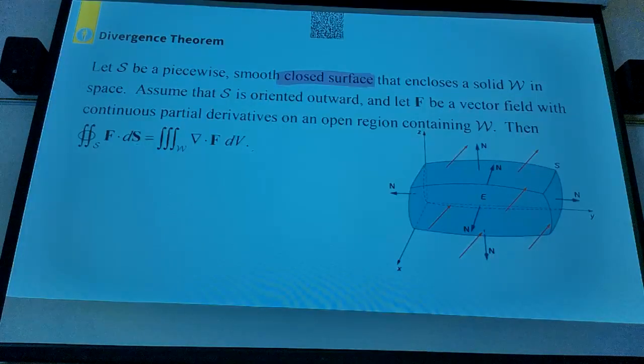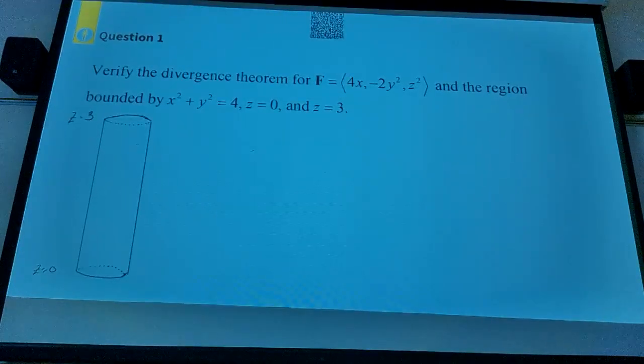So something like what we just did would be closed. Notice the terminology. The region is bounded.